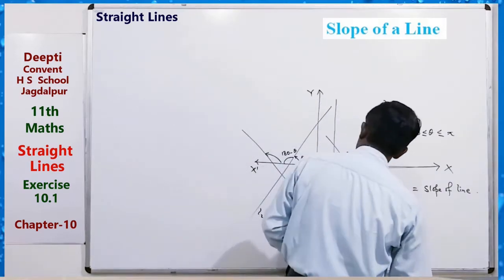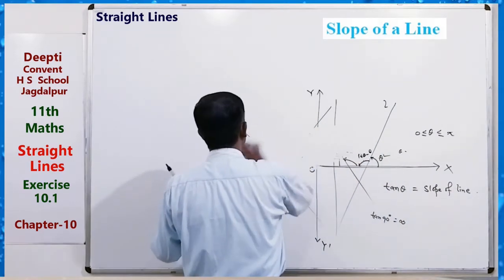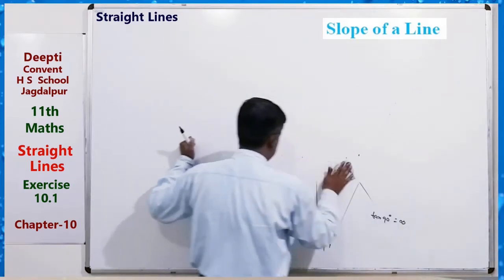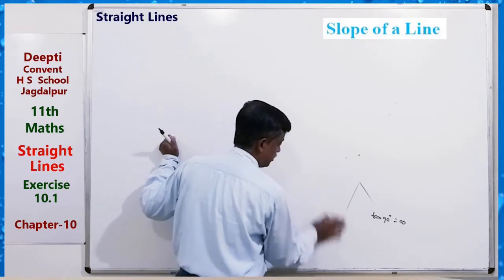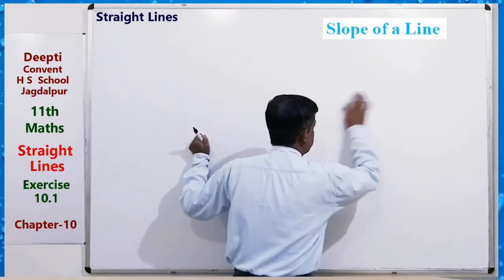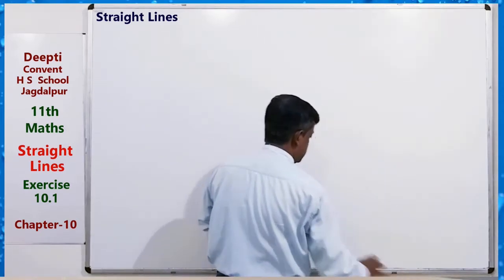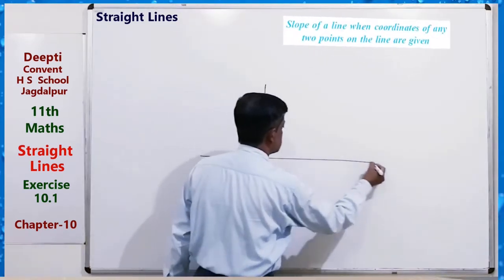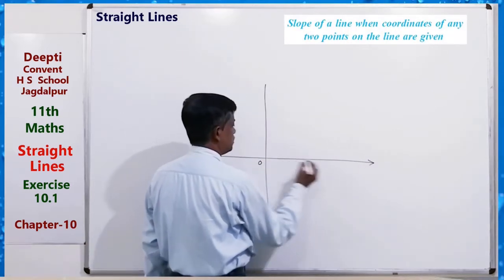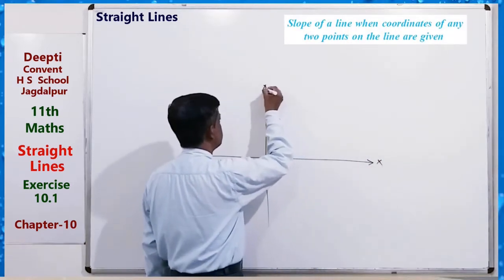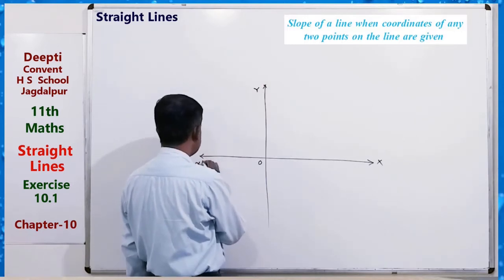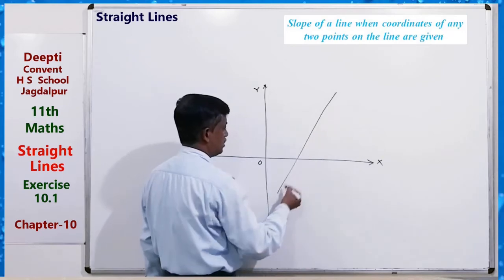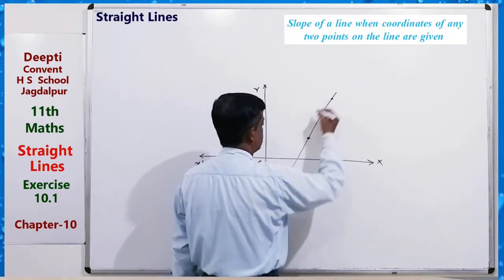Now for finding slope in terms of coordinates, let us derive our formula. Slope is denoted by small m. So this is the x-axis, this is the y-axis, this is x dash, y dash. Now suppose this is a line passing through 2 points.